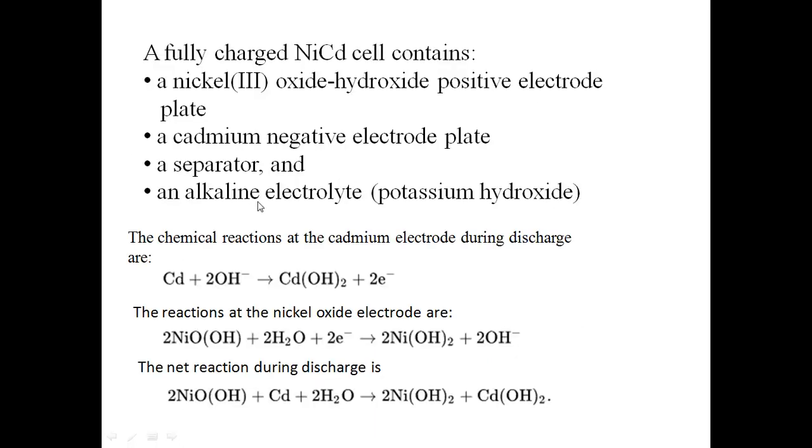So we will quickly go through the chemical reaction. Cadmium captures two hydroxyl ions to create cadmium hydroxide and liberates two electrons. These two electrons are used at the cathode.